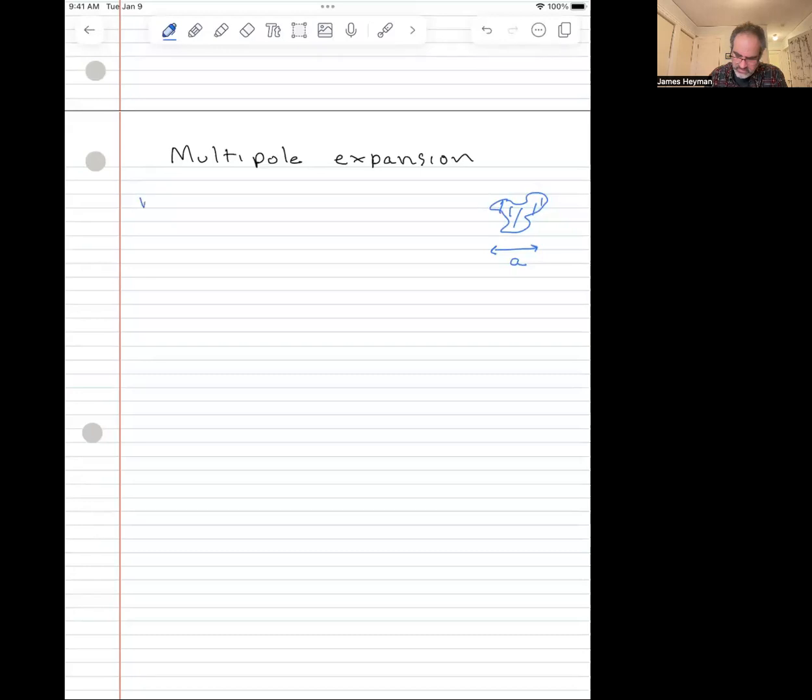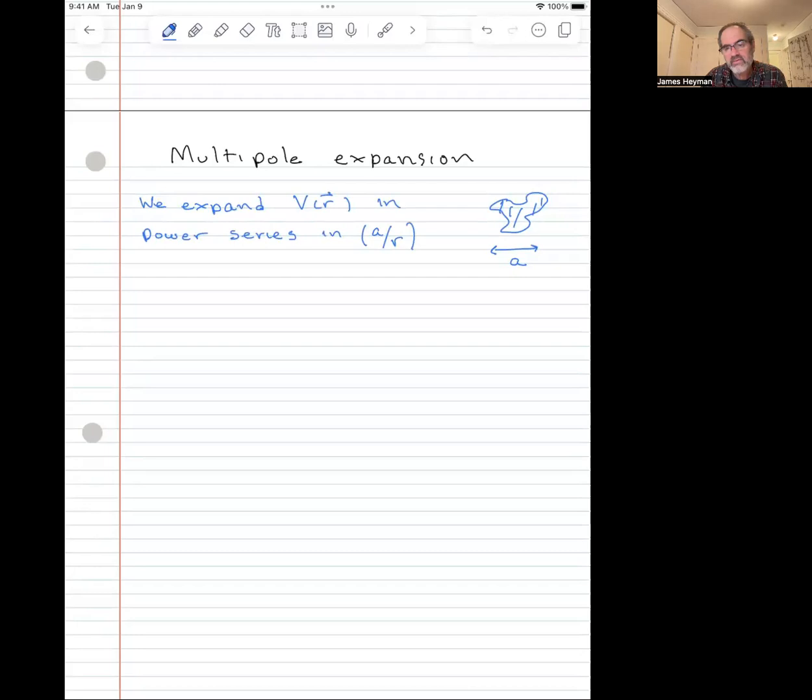And what we do is we're going to expand the potential due to the object in a power series in A over r.